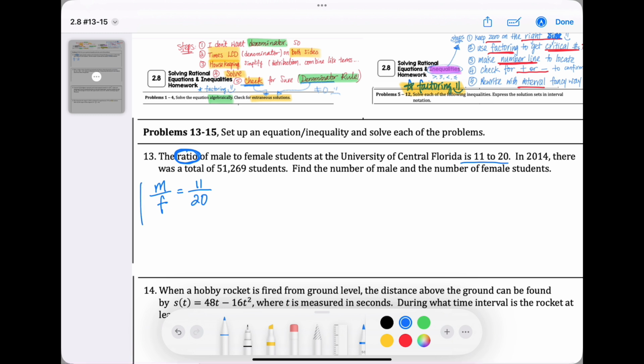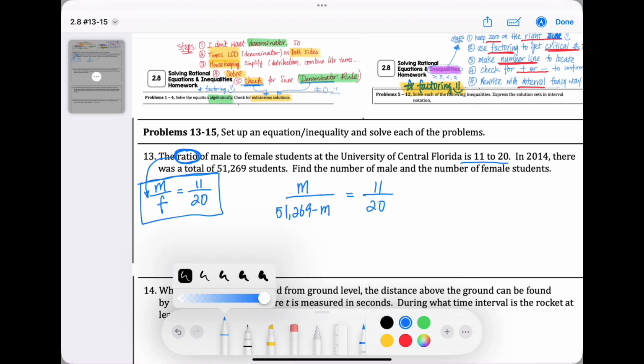Because we know the definition of the ratio, we can plug it in. Imagine I keep M as the male students, so the female will be the total minus the male number, and that ratio is equal to 11 over 20. Remember what we talked about, housekeeping, cross multiply.